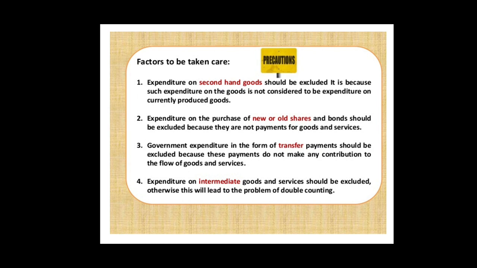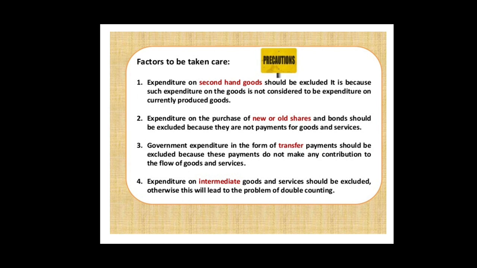Or we can say that such expenditure has already been included when they were originally purchased. Moreover, expenditure on the purchase of new or old shares and bonds should be excluded from the estimation of national income because they are not payment for goods and services. These financial assets are mere paper claims, or we can say financial claims, and they involve a change of title only.